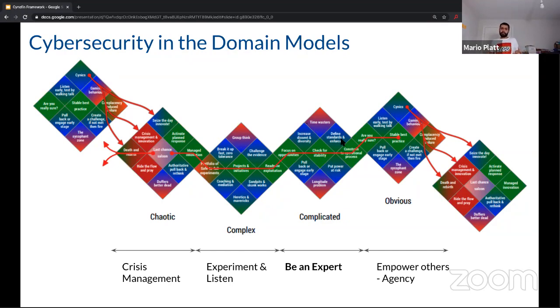Then in the complicated domain, that's where we need to be an expert. That's where we need to exercise the full extent of our expertise, but also understand the boundaries of it, right? And finally, on the obvious stuff, that's where we should be empowering others. This is where we should be doing the work to give other teams in the organization the agency over the things that they do, and help them constrain it to operational processes.